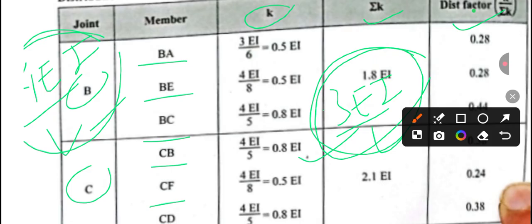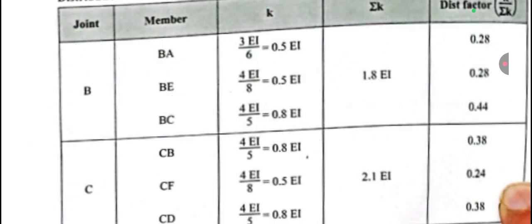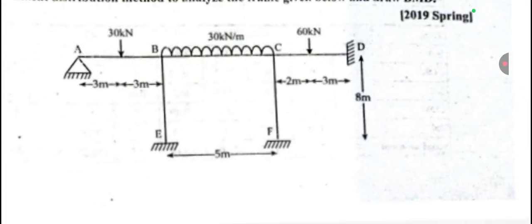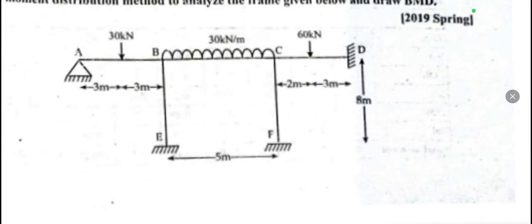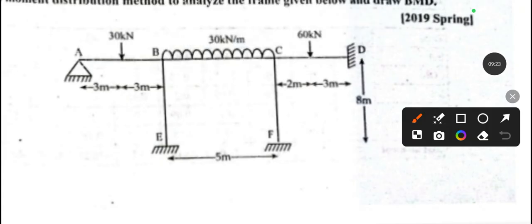So in this frame, as I said, we always apply 4EI by L except for the hinge support. So this is the hinge. So from B to A, if it is the hinge, then the distribution factor will be 0.